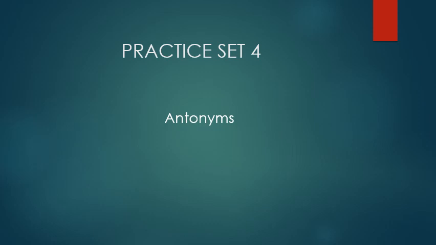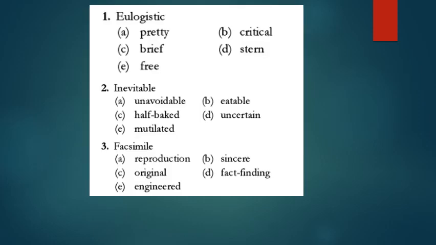Now let us go to practice set number 4 on antonyms. And after that we'll see its answers too. Eulogistic: pretty, critical, brief, stern, free.